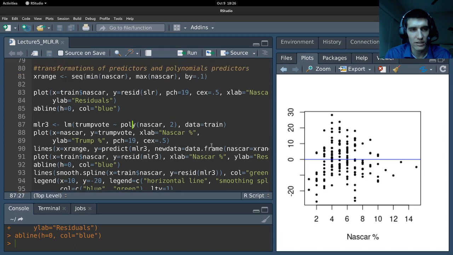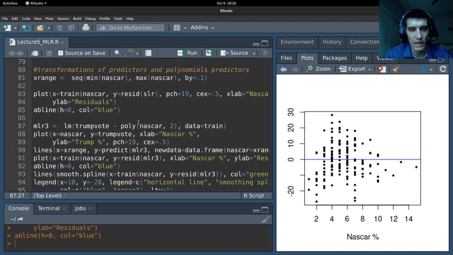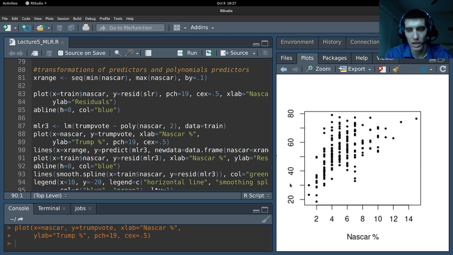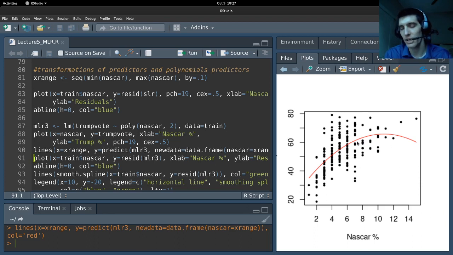So I define this x range for NASCAR, and then I'm going to predict using this polynomial model, and that just allows me to trace out the curve here. So here's the x and y, and then if I plot these predicted points for this x range, I get this curve here. Okay. Again, we saw this in the lecture, but still, it's nice to see how to do it in R.